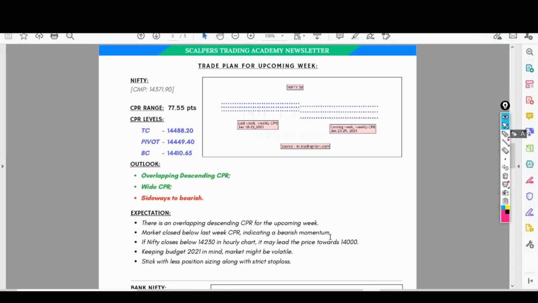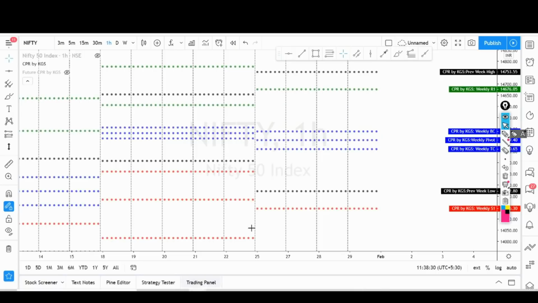Now my outlook is clear that I am having a sideways to bearish view. Now why am I saying sideways? See, if this were not an overlapping CPR, and if the CPR was here, then I would have said only bearish.